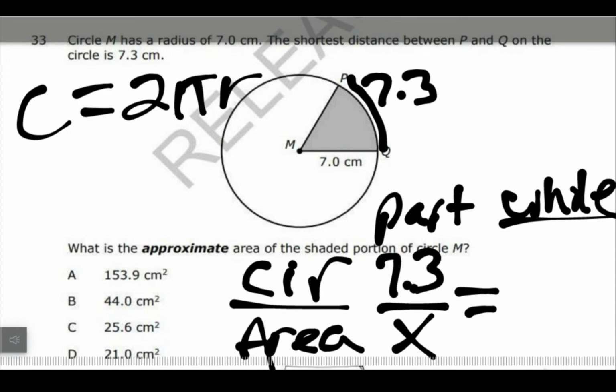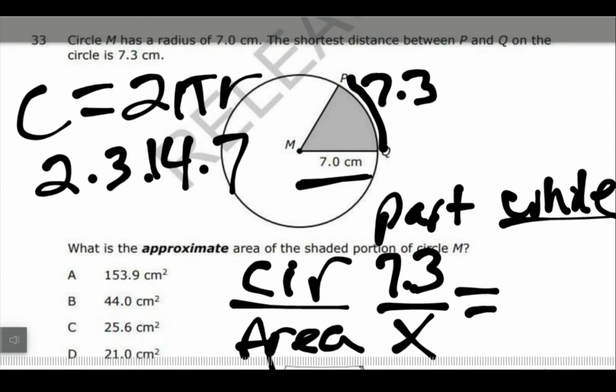For the whole circle circumference, I remember that circumference is 2 pi r for the formula. So I do 2 times pi times r, which they did give us, r is 7. So I do 2 times pi times 7, and that should give me 43.96. That is the circumference of the whole circle.